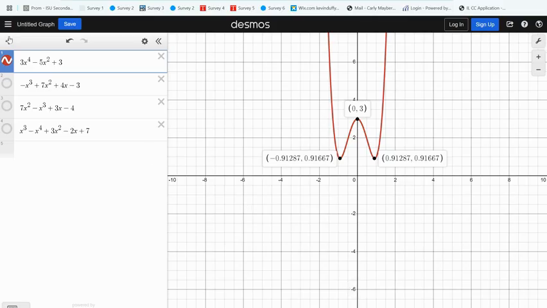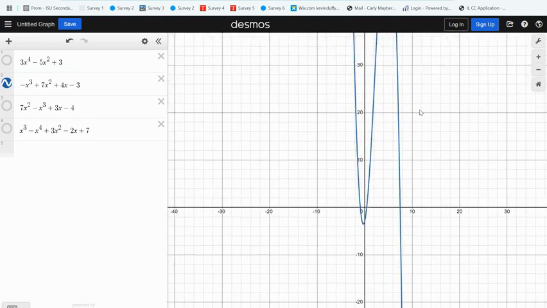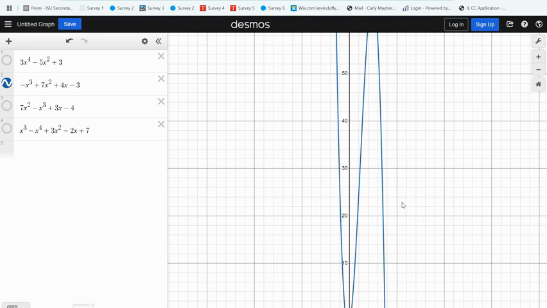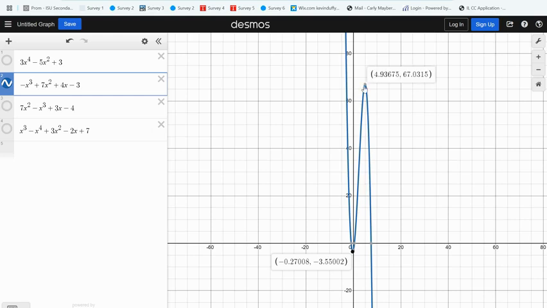I'm going to go ahead, hide this one, show this one, and let's zoom out a bit. Okay. We got a minimum at (-0.3, -3.6).